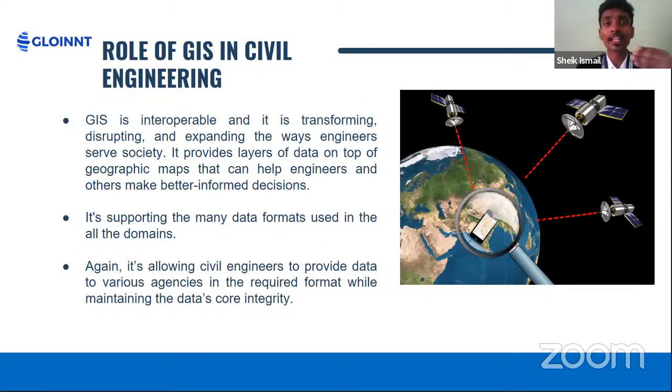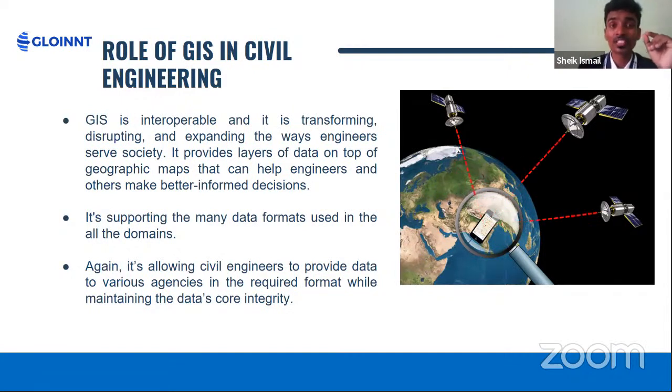They can take calculated risks, make better decisions, and troubleshoot problems. It is really useful. Whenever you have location based problems in our domain, GIS will help you solve and troubleshoot the issues. It supports many data formats used in almost all domains.